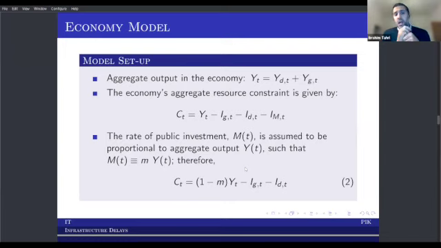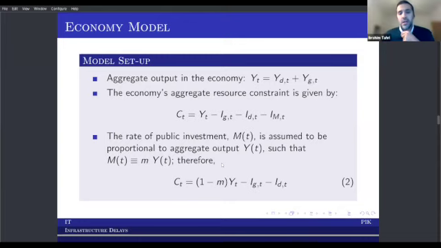The economy's aggregate constraint is given by the following equation, where aggregate consumption is equal to aggregate output minus private investments, both in green and dirty, minus the investments in the public sector.